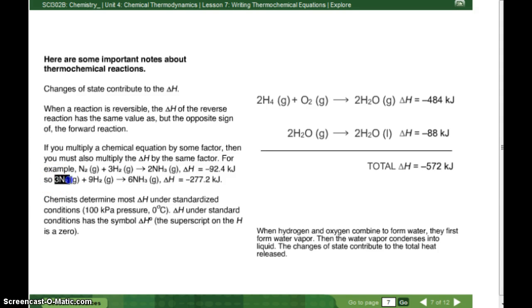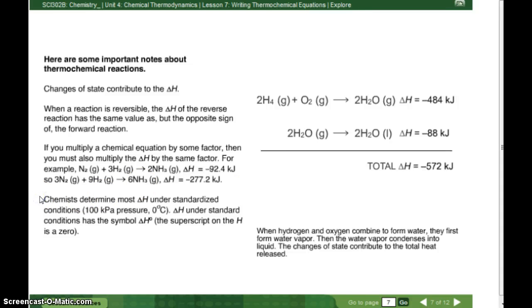So I have 3 molecules of N2 plus 9 molecules of H2 gives me 6 molecules of NH3. And so it's 3 times as much. Well, as you would have expected, it gives off 3 times as much heat. So if you take 92.4 times 3, you get negative 277.2 kilojoules.